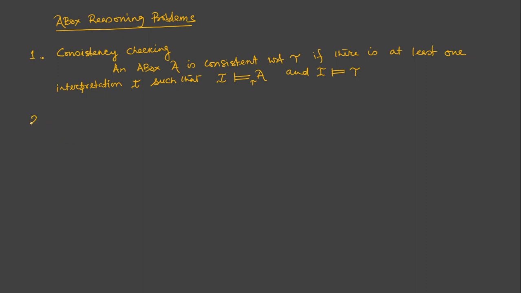Now the second problem that we are interested in is in some way talking about whether there is at least one interpretation for which the A box is satisfied, right? So the second problem in hand is instance check.